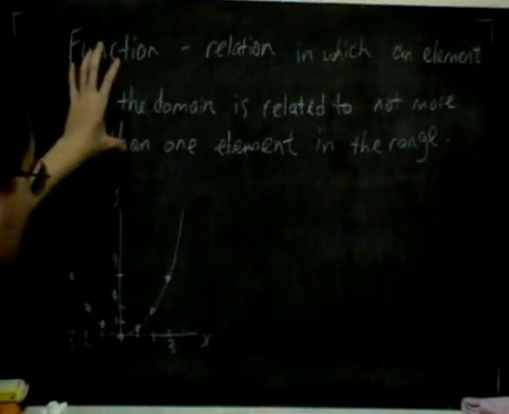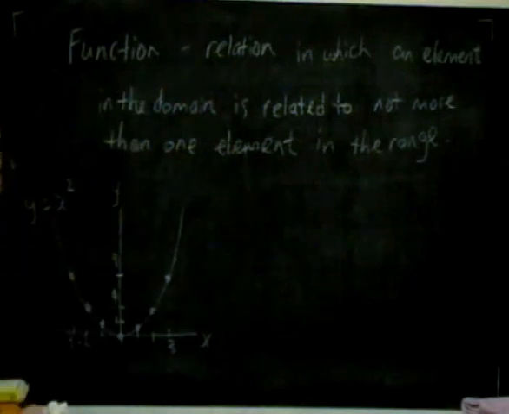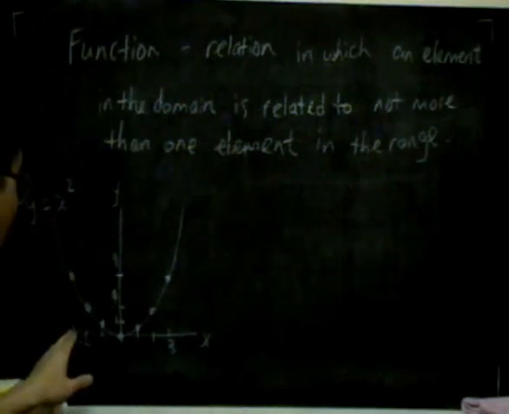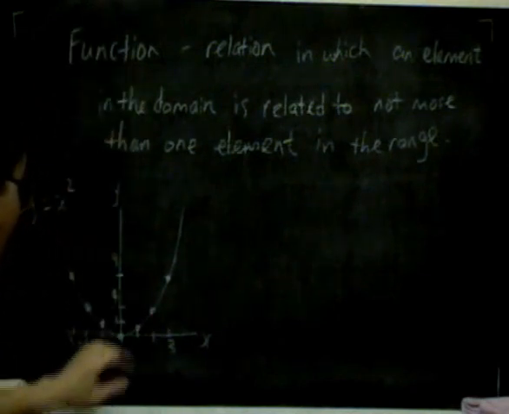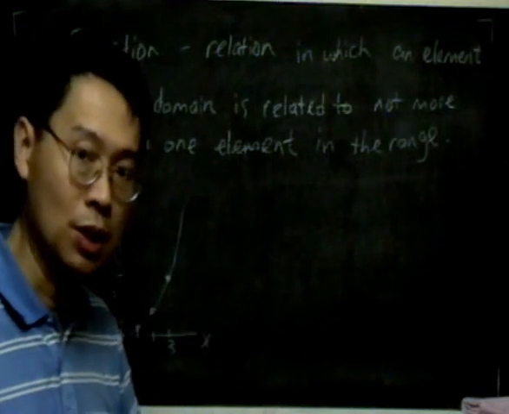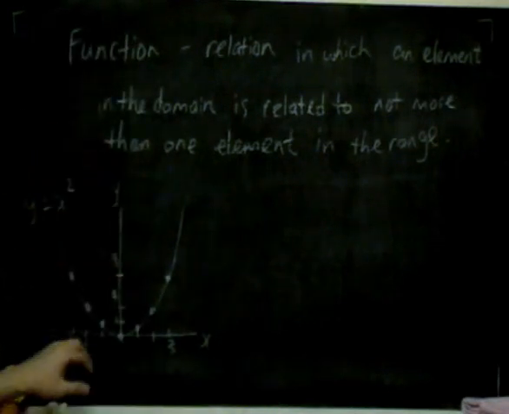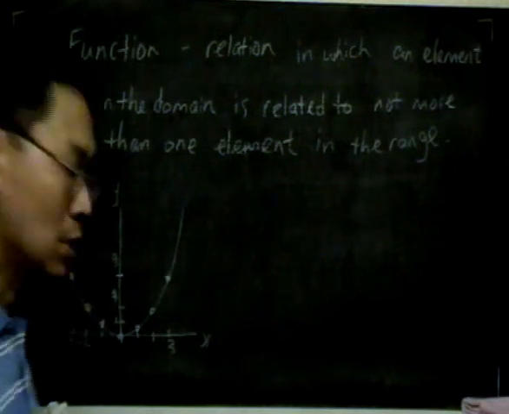So this is the criterion for a function. Each number in the domain cannot be mapped to, cannot be related to, more than one number on the y-axis. So let's take a look.